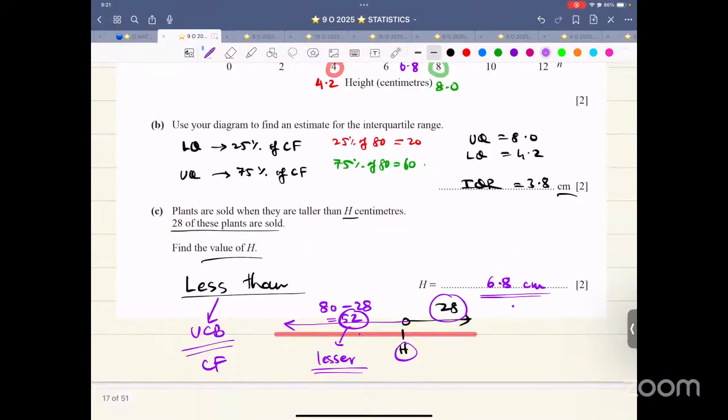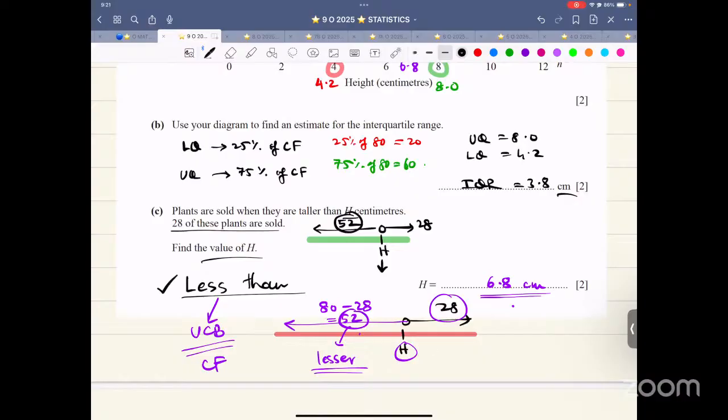Now, what about this? Plants are sold when they are taller than h. 28 of these plants are sold. Find the value of h. So now there is a certain value. We can say that the total is 80 and 28 are taller than h. Then 80 minus 28 is 52. 52 are lesser than h.